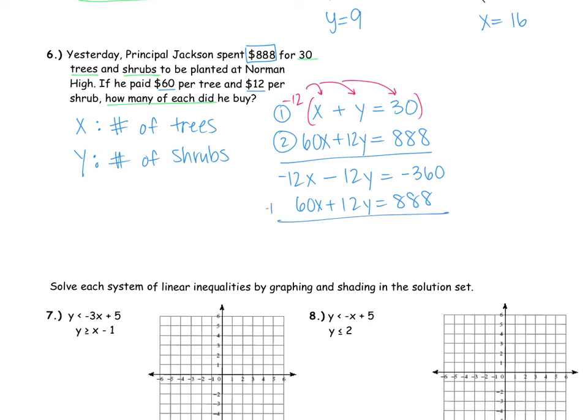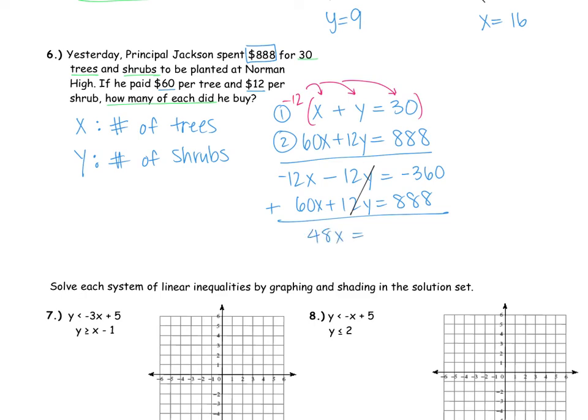I'm ready to combine my terms. Like I said before, the y's cancel, which is nice. Negative 12 plus 60, that's 60 minus 12, which is going to give me 48x.